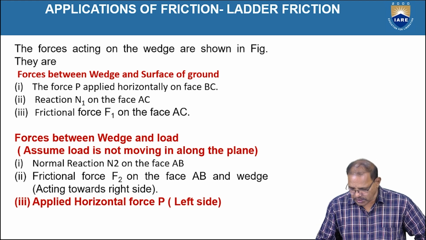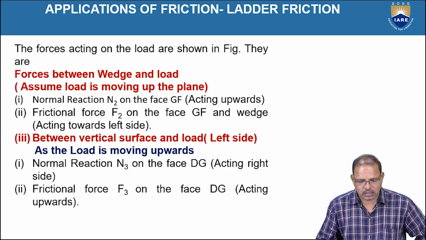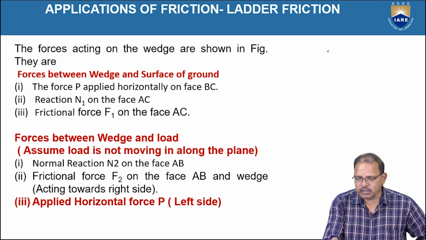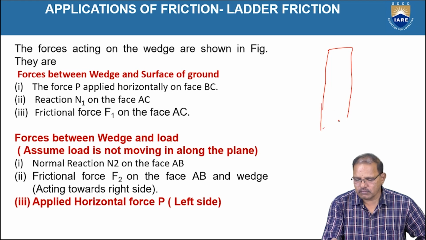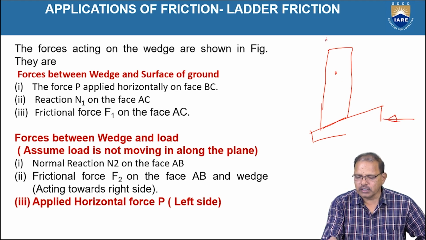So, the forces acting on the wedge are represented here. The body is there, and this is the wedge. The force is applied like this. Here is the contact surface.